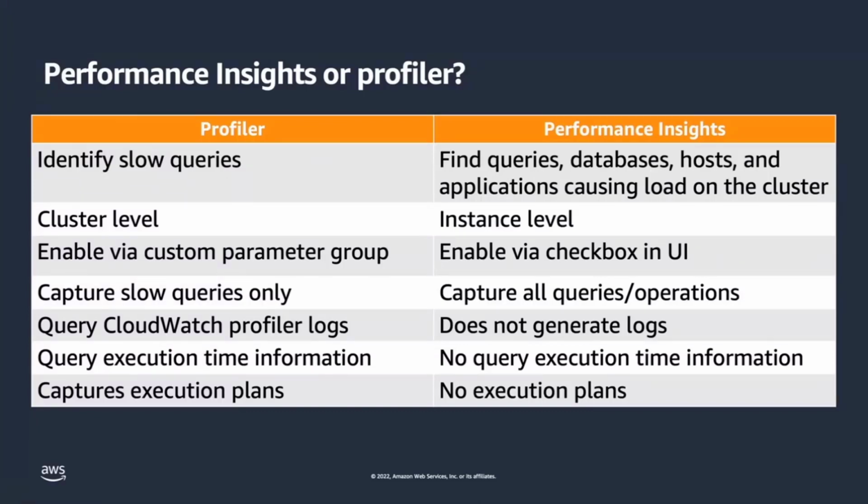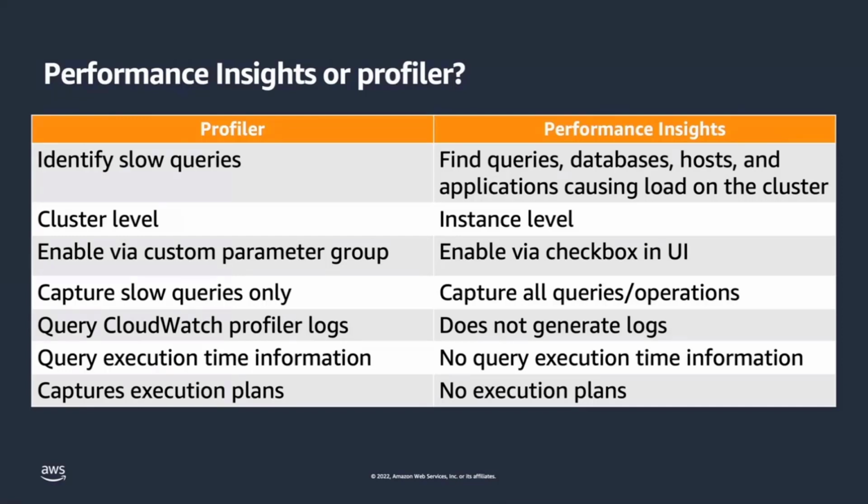Profiler is at the cluster level. Performance Insights is at each instance level. Enabling Profiler is a two-step process: it's via a custom parameter group and enabling profiler log exports. Enabling Performance Insights is just a single checkbox in the UI. Profiler does capture slow queries only.